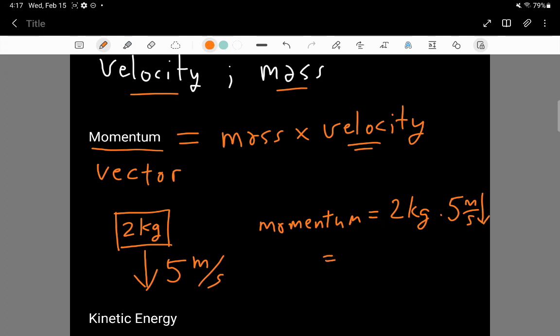And 2 times 5 is 10, and the units are kilograms times meters per second. And remember that momentum is a vector, and the direction of the momentum vector is the same as the direction of the motion or the direction of the velocity. So the momentum is also down in this case.